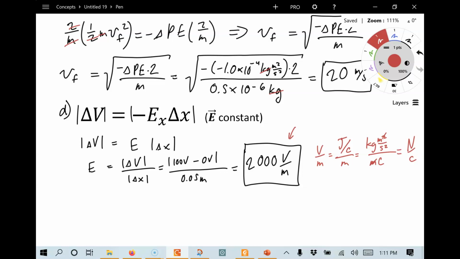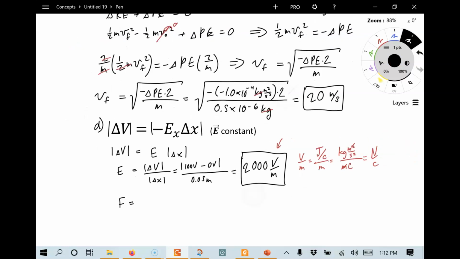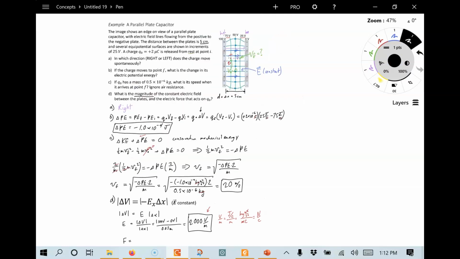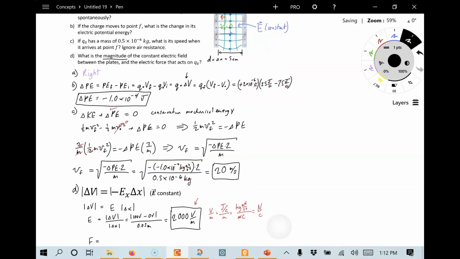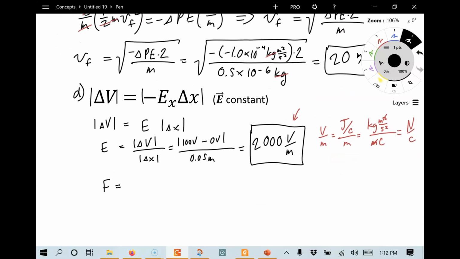But for the second part here, what is the force that is exerted on the charge? Positive 2 microcoulombs. So again, to get the force from the field, we just multiply Q0 by the field. We're doing magnitude, so we just take the magnitude.